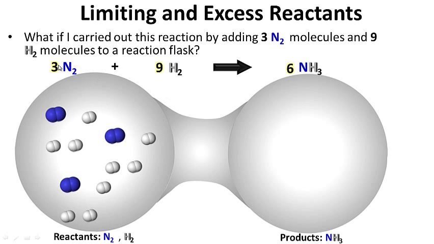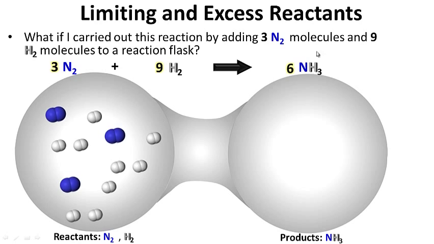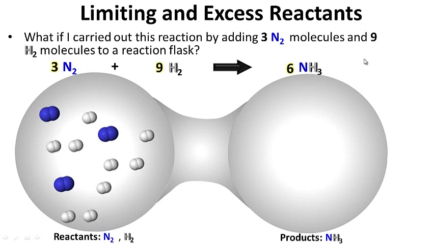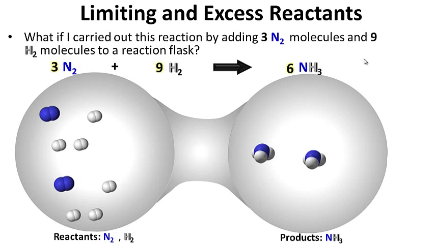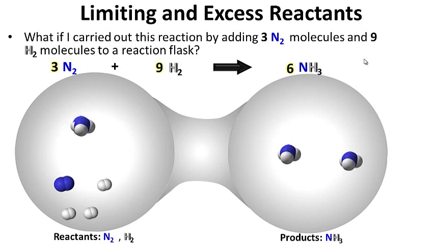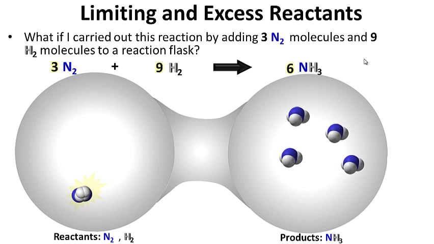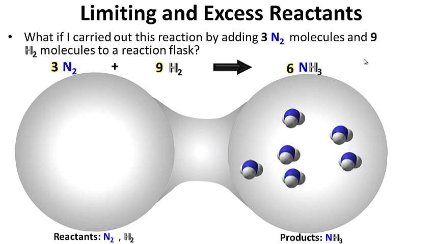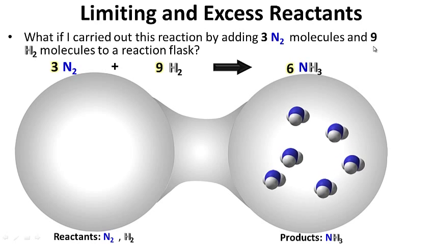So let's add 3 N2 molecules, 9 H2 molecules, which should make 6 NH3 molecules. So yes, we made 6 NH3 molecules here.